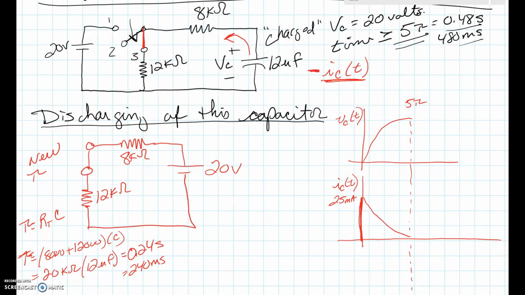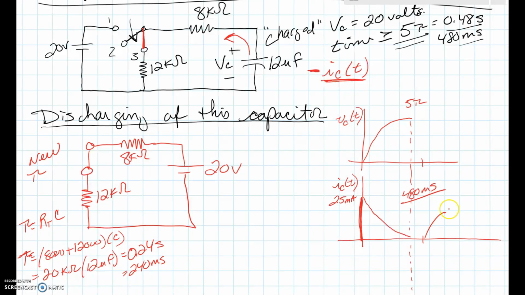Now that's 1 tau. Alright, so now our 1 tau on our timeline out here, this would have been 480 milliseconds. If I add one more tau of the new tau to that, that would be 480 plus 240.